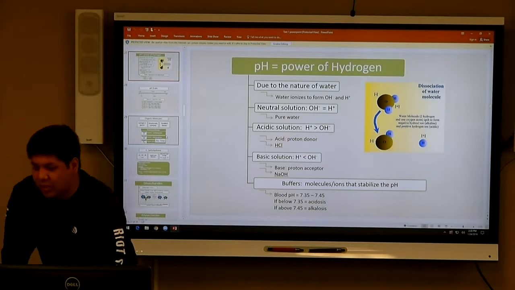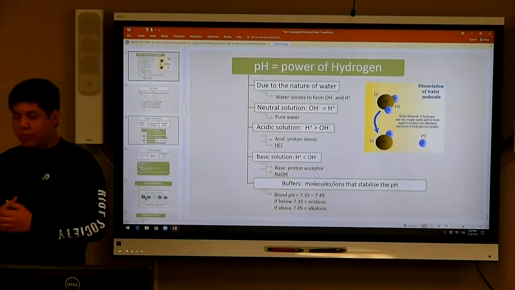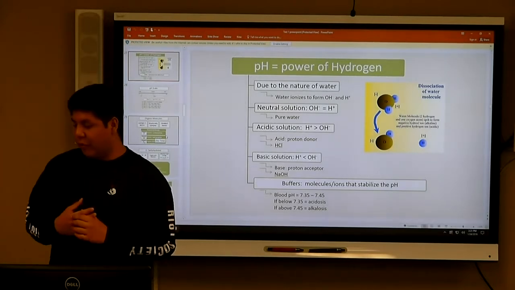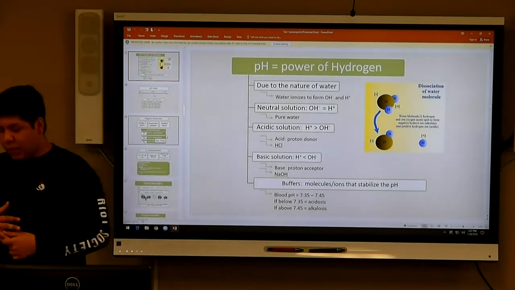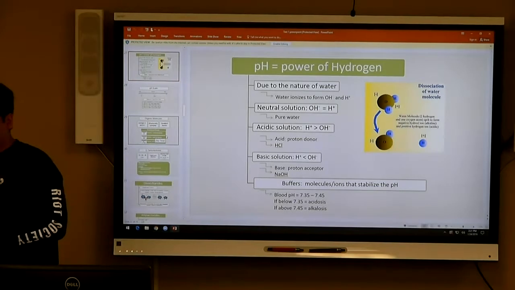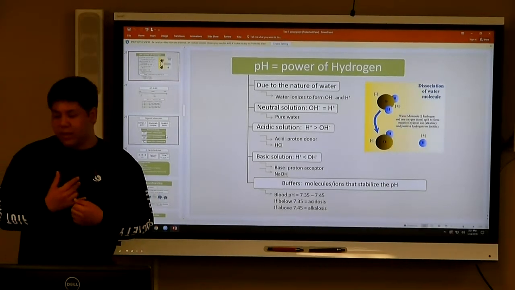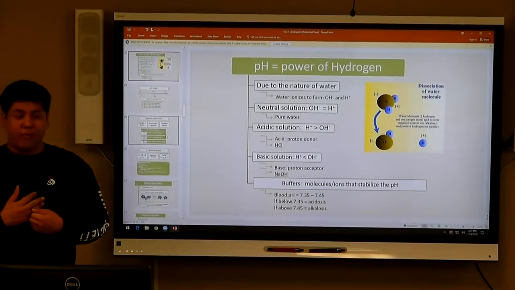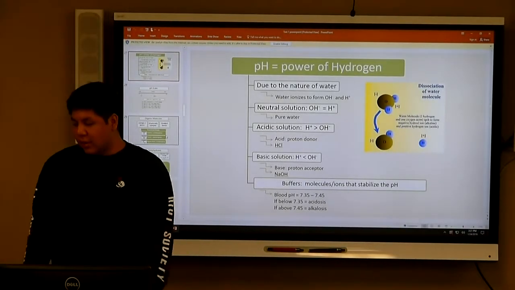The blood pH equals 7.35 to 7.45. If below 7.35, it is acidosis. If it's above 7.45, that is alkalosis.